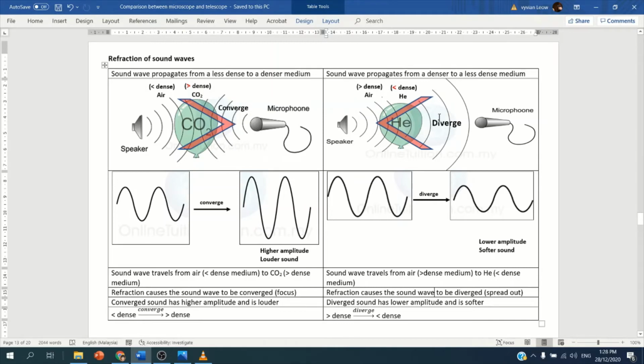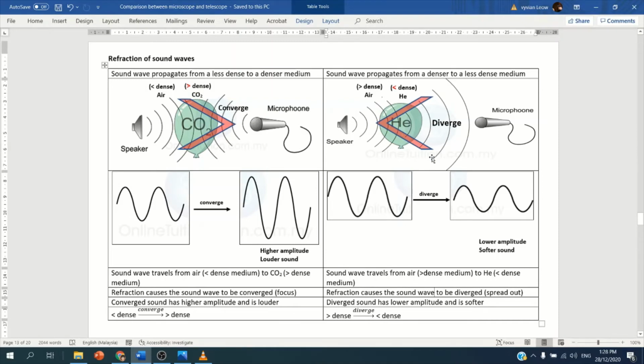As compared to when sound wave is propagating from air to a less dense medium, for example, helium. Okay, less dense, so I use the symbol of less than. Imagine this less than symbol: sound wave is spread out, right?